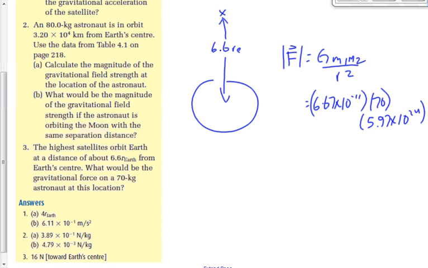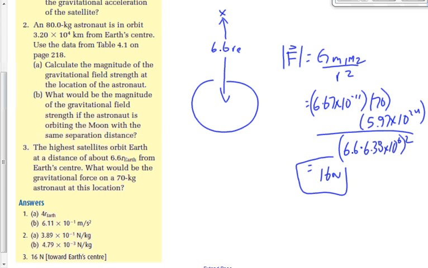And the distance here is 6.6 times 6.38 times 10 to the 6. Square it. Done deal. Whatever that works out to be, 16 newtons. That's a pretty small value, right? This 70-kilogram astronaut on Earth would be about 700 newtons. Here, he or she is only 16 newtons.